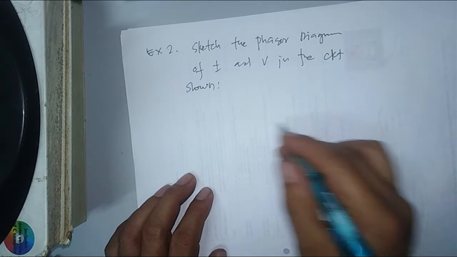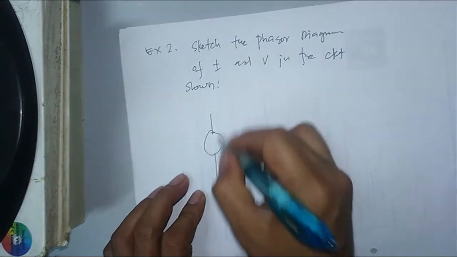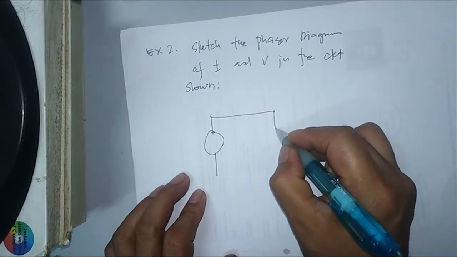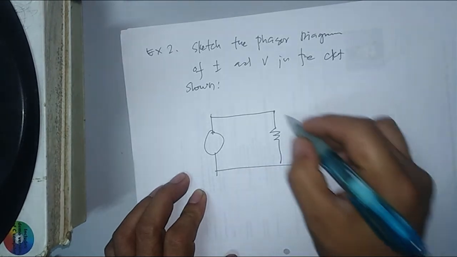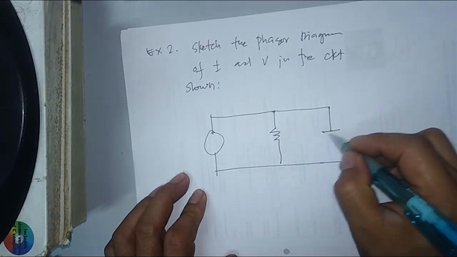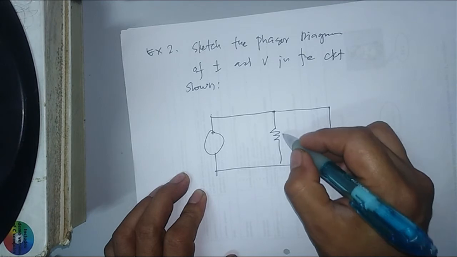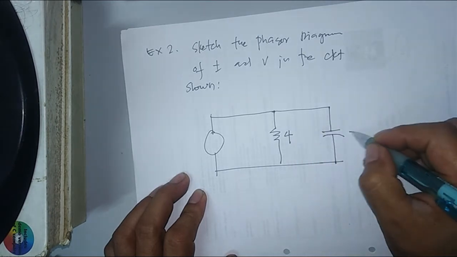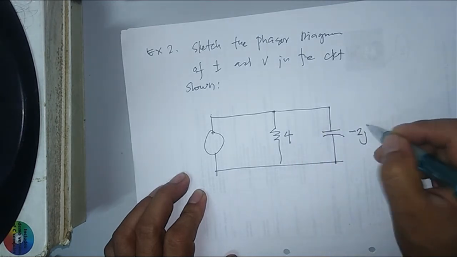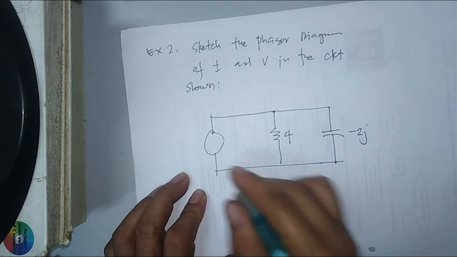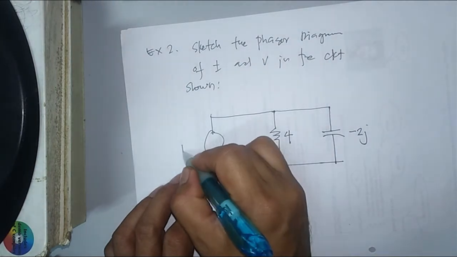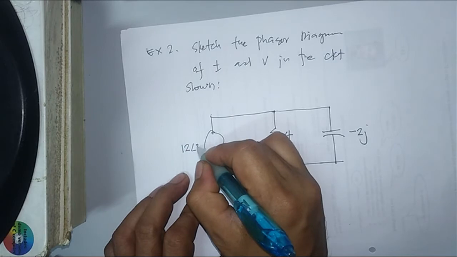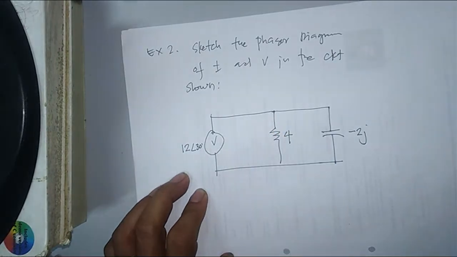So I have here a parallel circuit. Okay, the values are 4 minus 2j. The voltage here is 12 angle of 30 degrees.